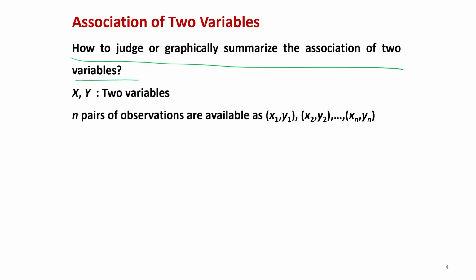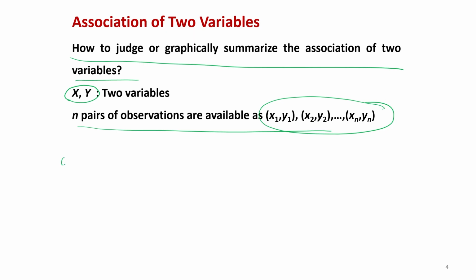Suppose there are two variables which we indicate by capital X and capital Y, and we have obtained n pairs of observations which are denoted as x1, y1, x2, y2, up to xn, yn. What does this mean? Suppose I have 5 children, and I denote them as C1, C2, C3, C4 and C5, and suppose I measure their height and weight.